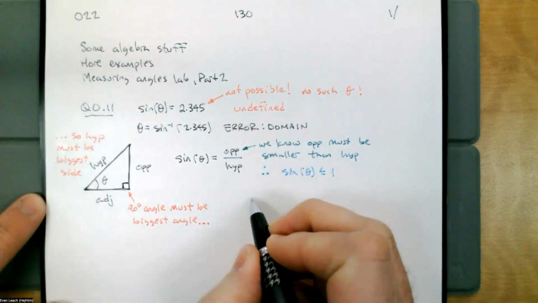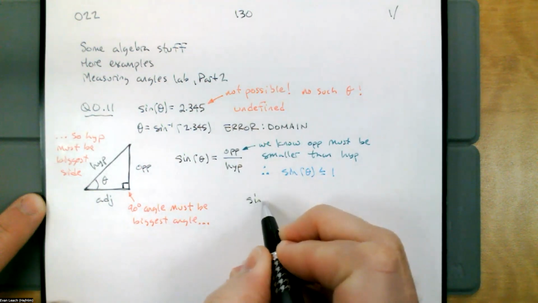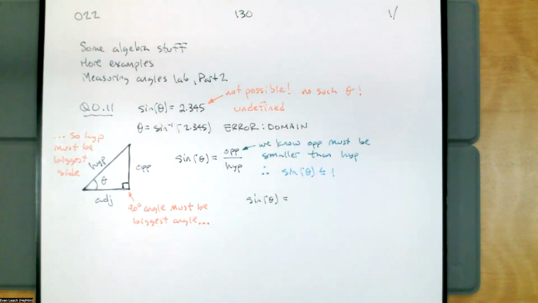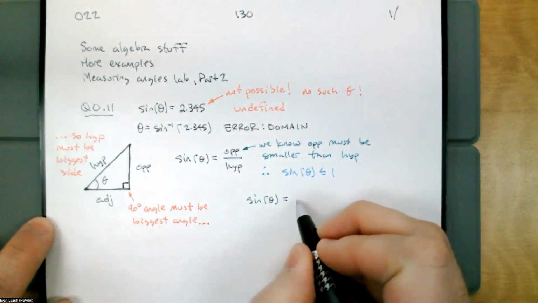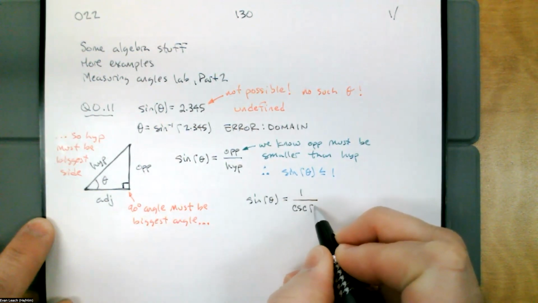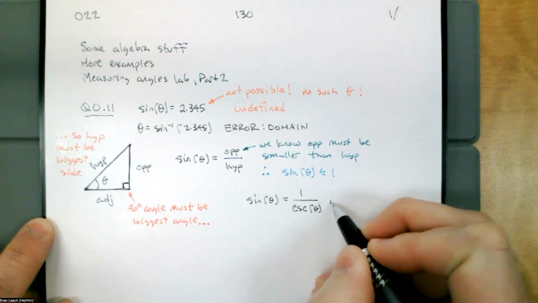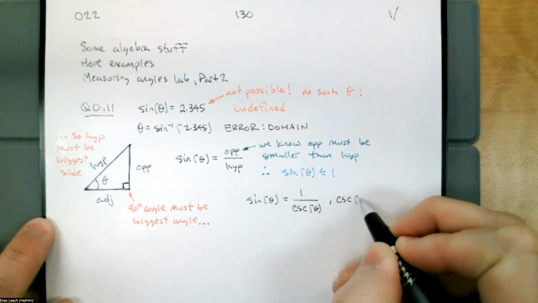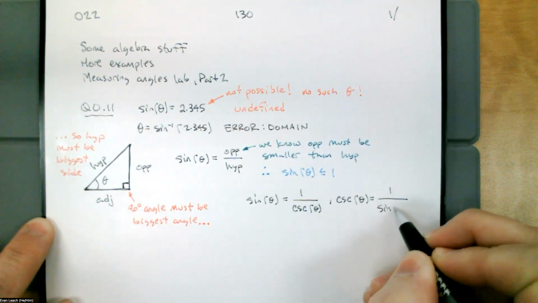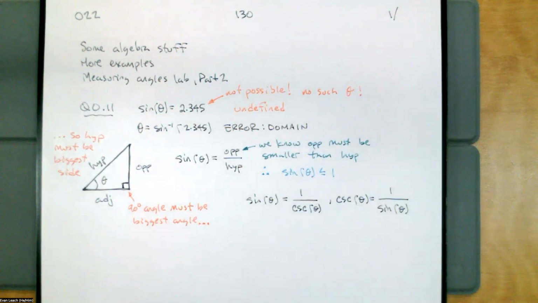So on that problem, what we know is that there are reciprocal functions. Sine of theta is the reciprocal of the cosecant of theta, and cosecant theta is the reciprocal of sine theta. So this function is called cosecant.